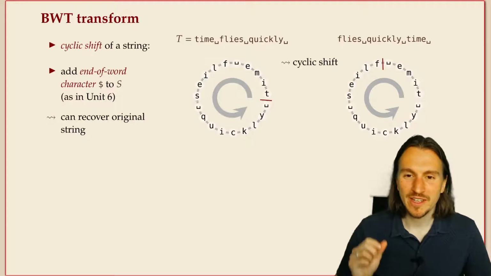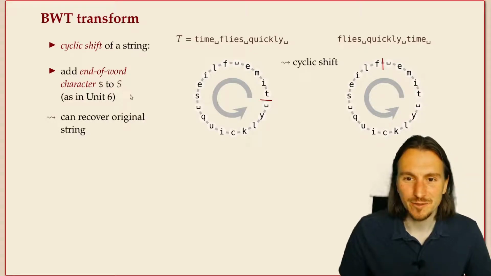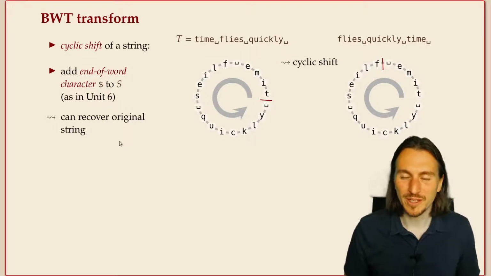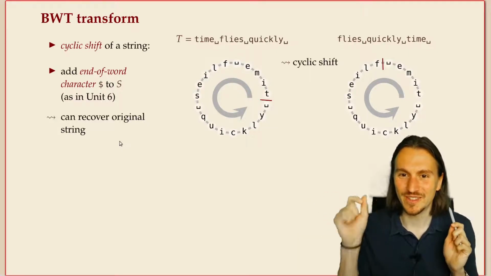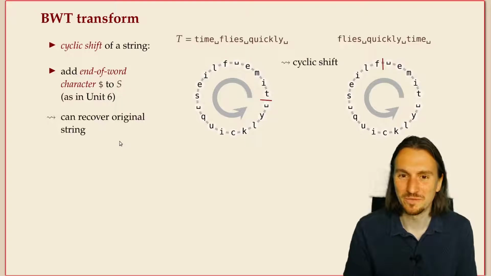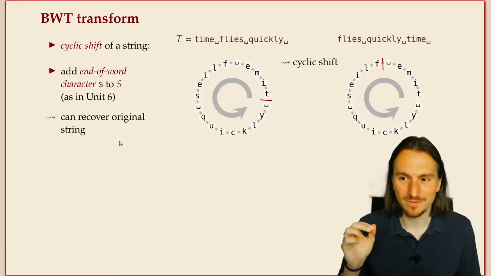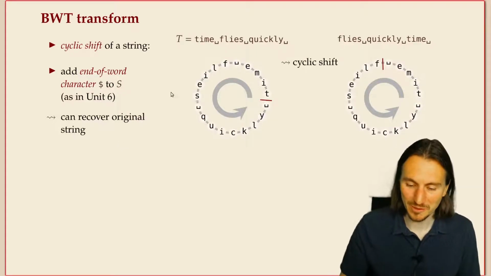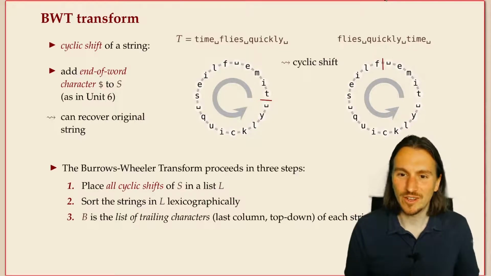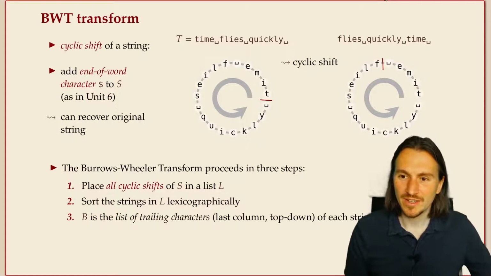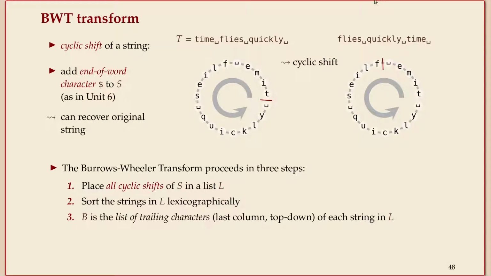If we add an end of word character, and you're by now familiar with these, then the cyclic shifts become invertible. I can always continue shifting until the $ sign is at the last position. So that's a convenient convention, and we will use this for BWT as well. So take a text, append the dollar character, and then the Burrows-Wheeler transform works as follows.